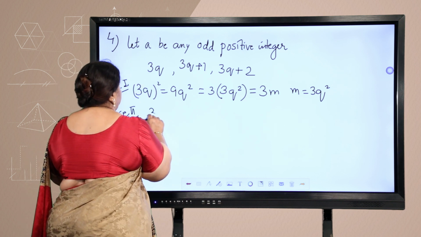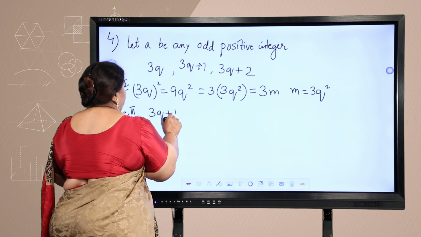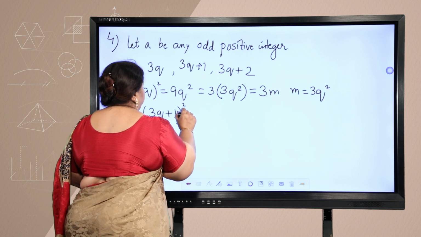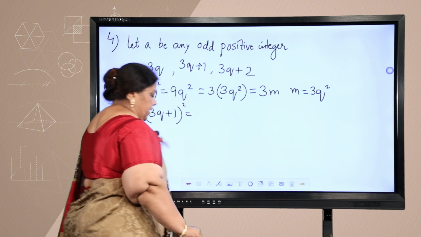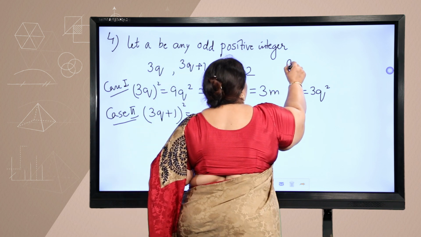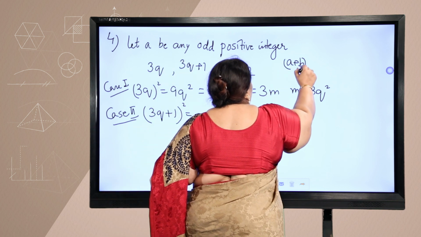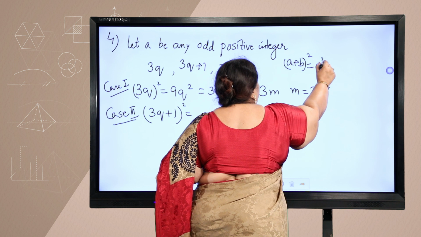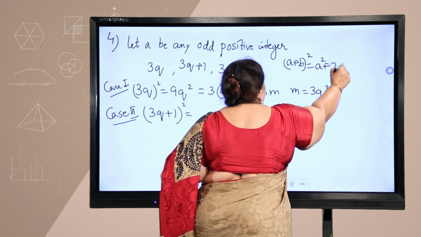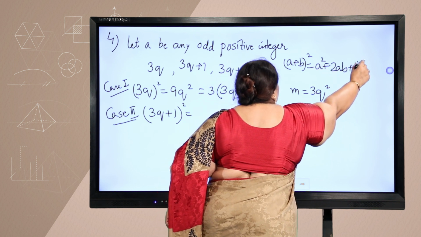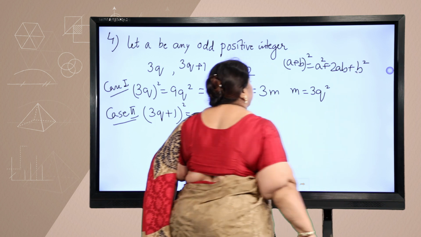In this, 3q plus 1 whole square. What is a plus b whole square? Let me write down the identity here. We have a square plus 2ab plus b square.